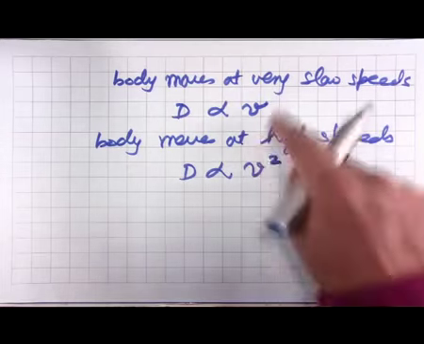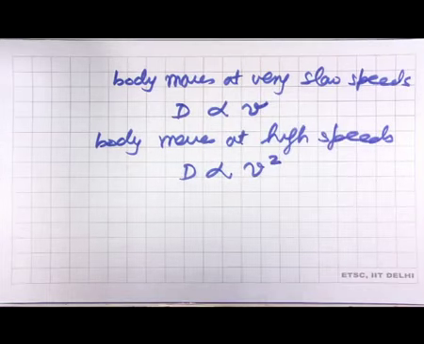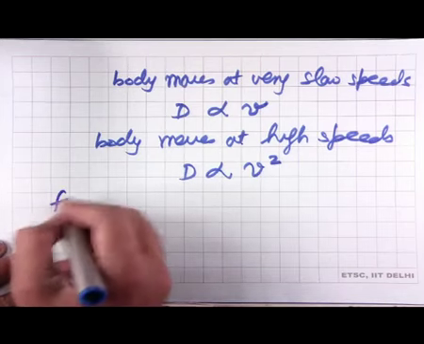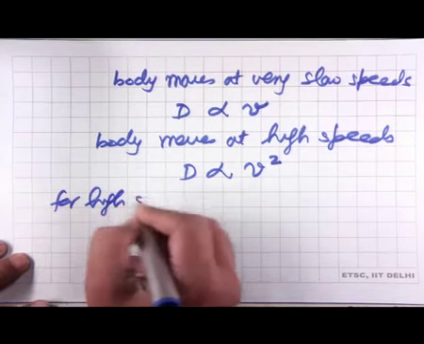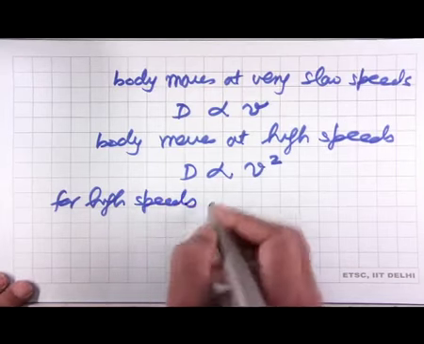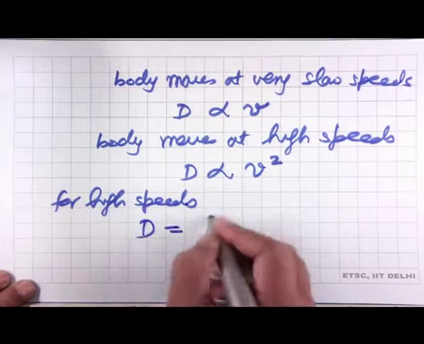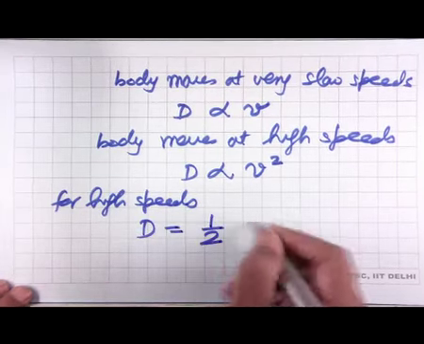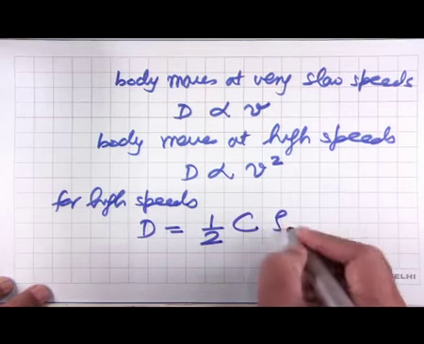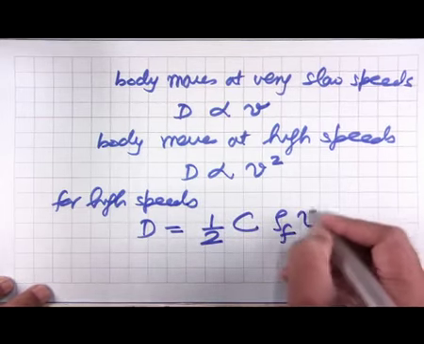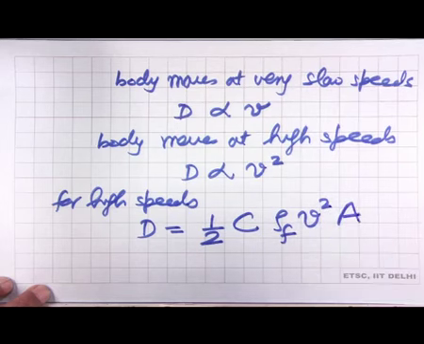Well, it could be in general a function of v, but this is what we take, and for bodies moving at high speeds, the drag force sometimes is represented as half times C times rho of the fluid times v square times the area.